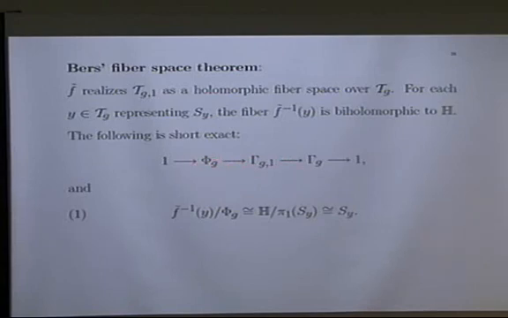Actually, it is isomorphic to the fundamental group of a Riemann surface of genus G, and such that for each fiber, the quotient of each fiber modulo this Phi_G, which fixes the point in T_G, is just S_Y.